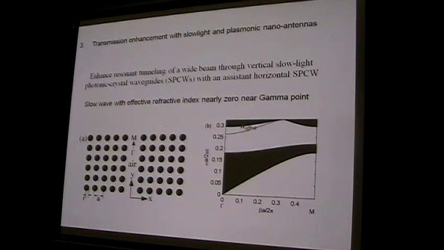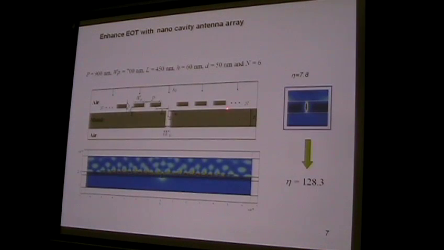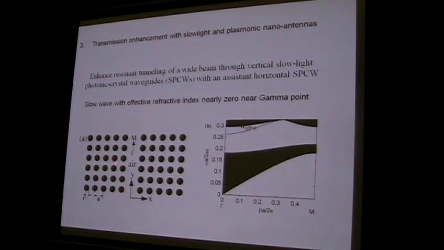So what about using dielectric material? In some cases, maybe you don't want to have a metal structure. Can we do some similar enhancement with dielectric material structures? Here I show you one example.